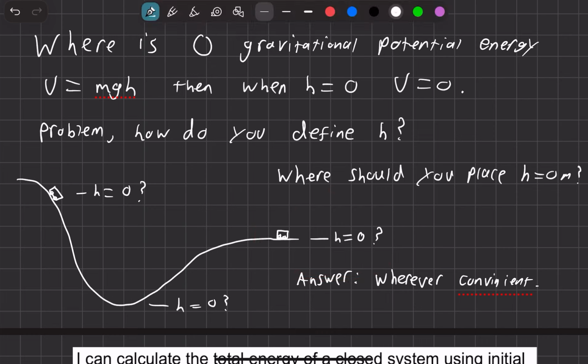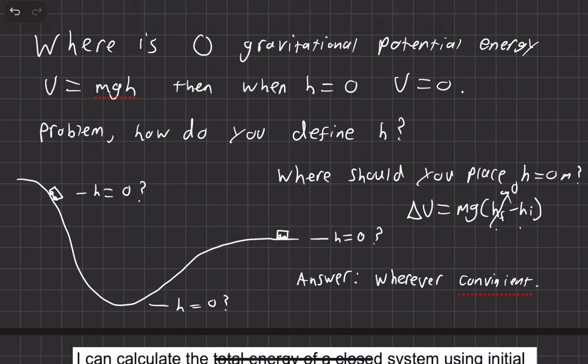Because let's remember that what we care about most is the change in potential energy, which is going to equal mg times the final height minus the initial height. And boy, would it sure be really convenient if one of these values was zero. So if we set the 0 value to be here, where it's just passing through, then neither of these values are going to be 0.